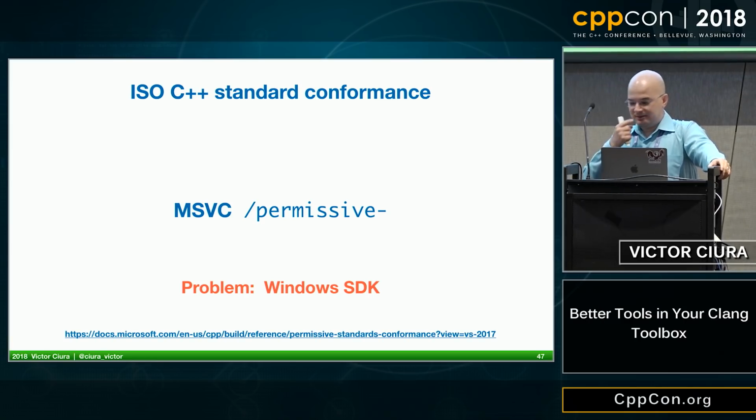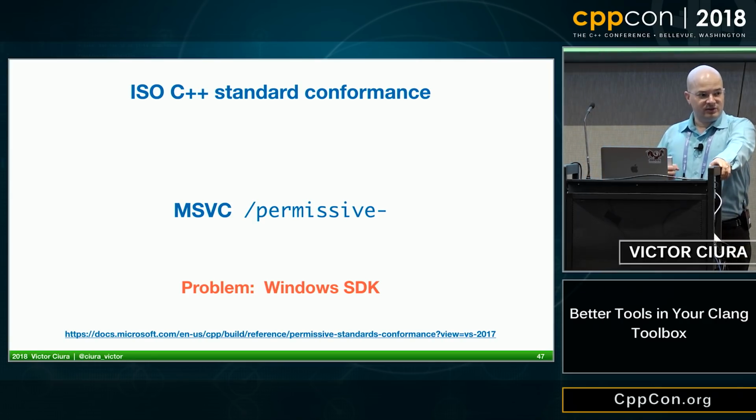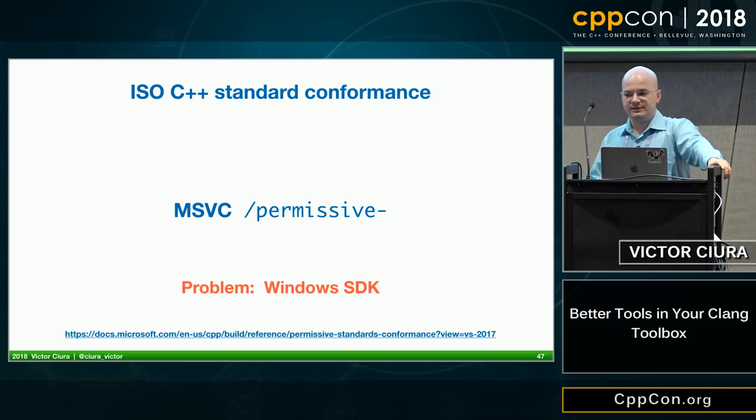So the main thing that's problematic for us, we've been fixing permissive minus issues in our code base, but the big problem is the Windows SDK. They're making big strides in that direction. For example, the CppWinRT subpart of the Windows SDK, that CppWinRT is now part of the Windows SDK, by the way.